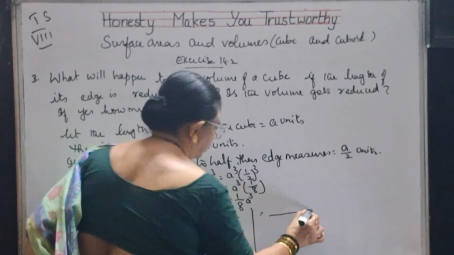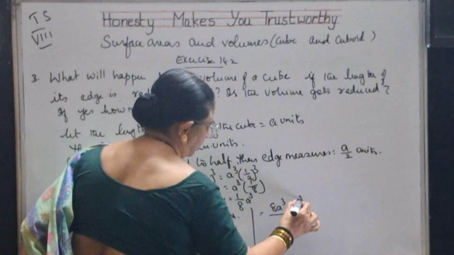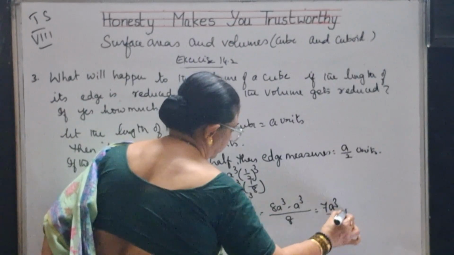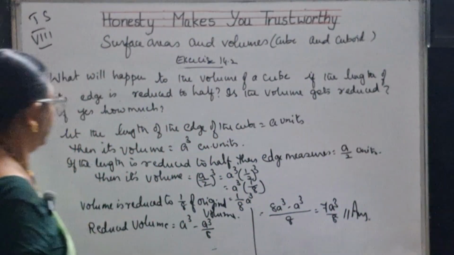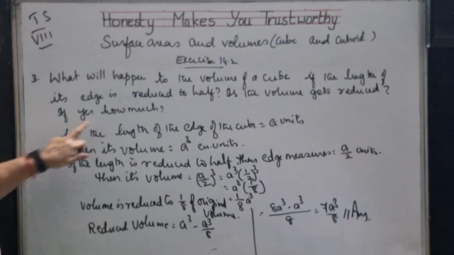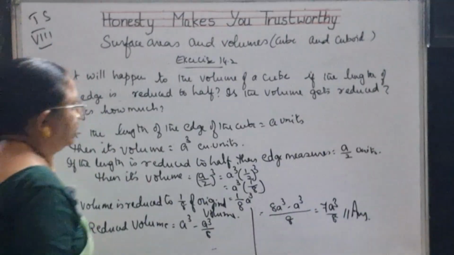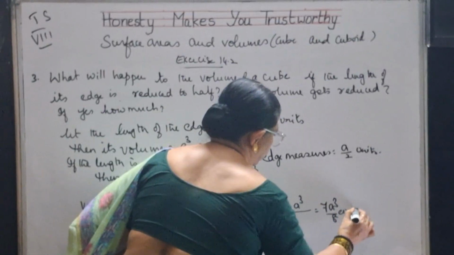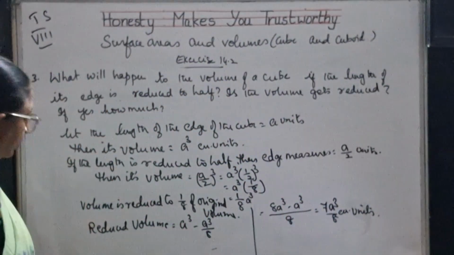You can take LCM: 8 A cube minus A cube, that is 7 A cube by 8. This much is reduced, 7 A cube by 8 cubic units. It got reduced in this way. Please note it down.